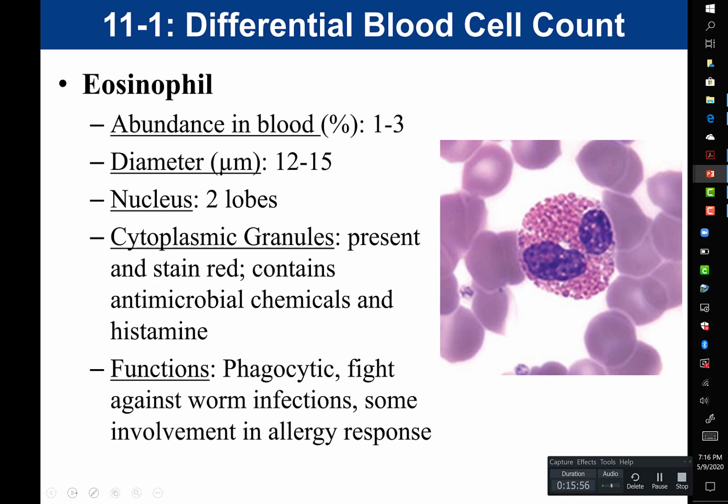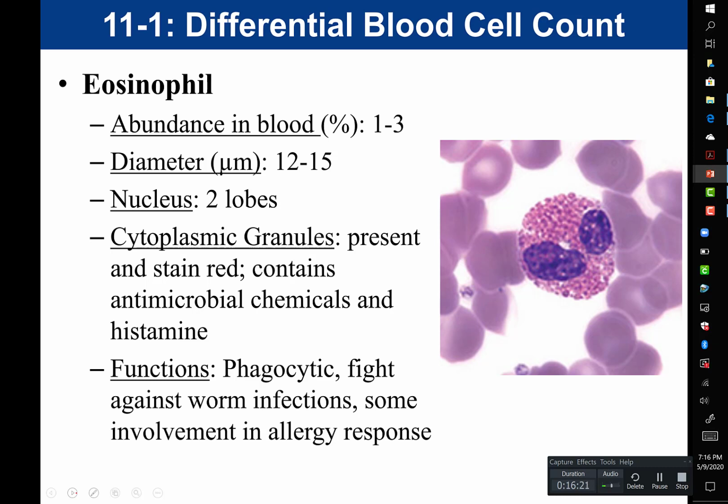So basically, all of our granulocytes are about the same size. You're going to see later that the agranulocytes are the ones that are going to be a little bit different.